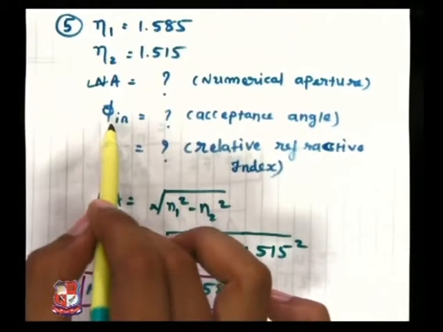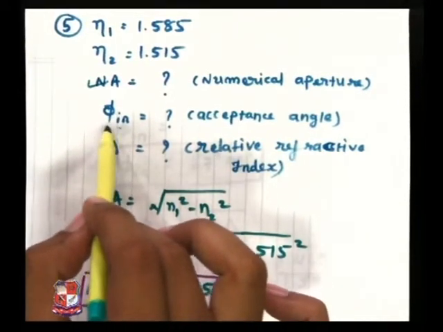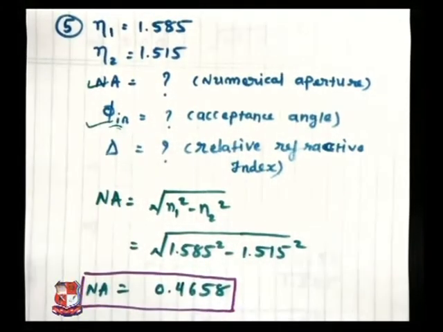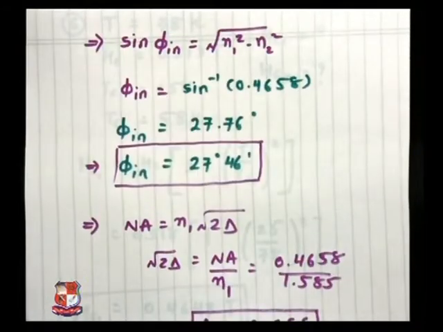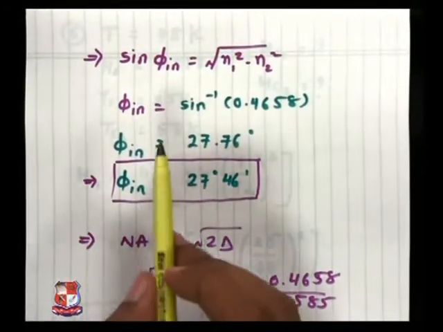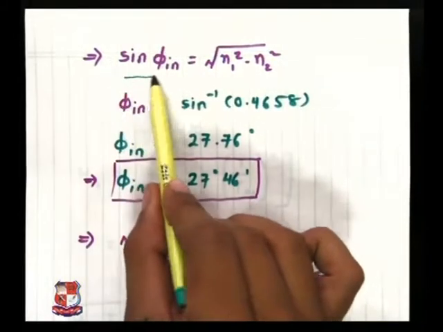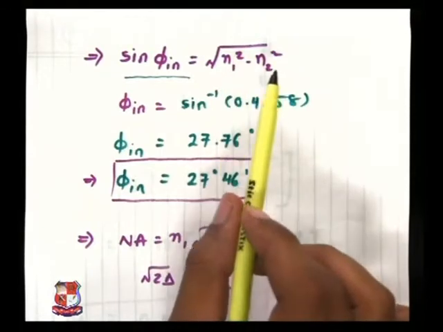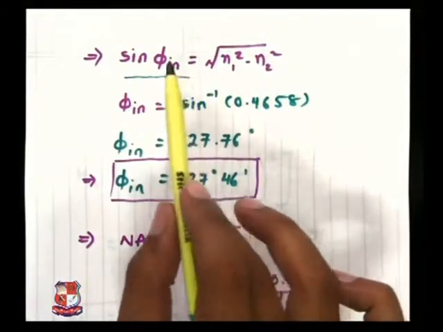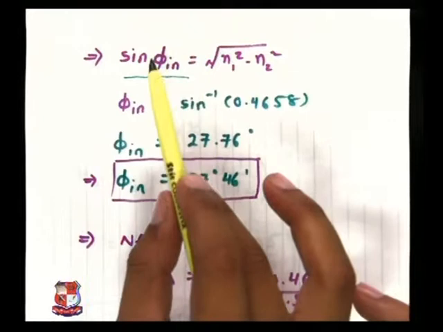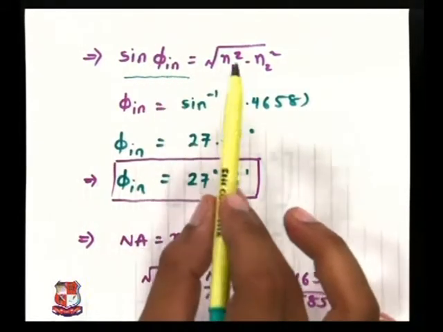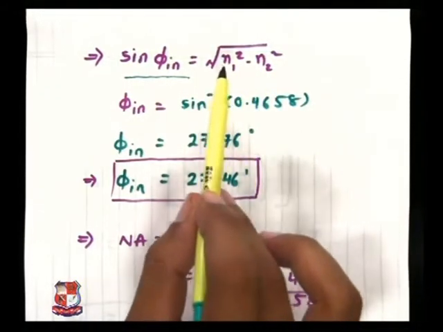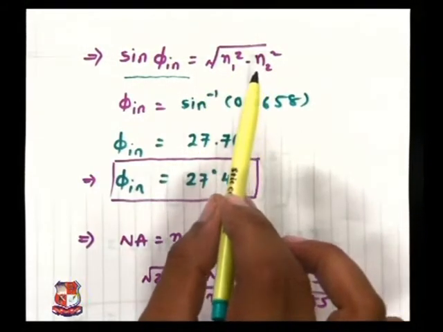Now we want to calculate the acceptance angle. To calculate this, here this equation: sin phi in is equal to under root eta 1 square minus eta 2 square. This phi in represents the acceptance angle. We have the values of eta 1 and eta 2, the refractive index of core and cladding.